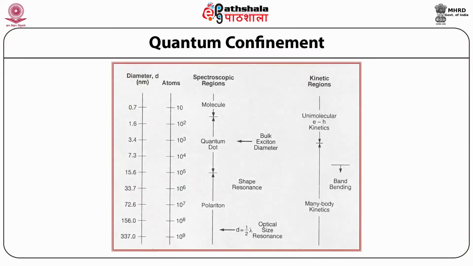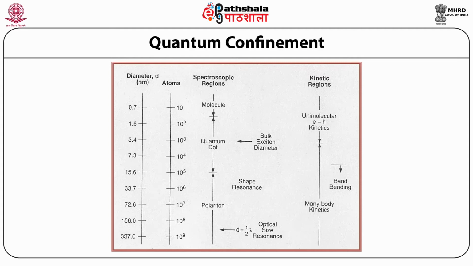So now we can summarize the quantum confinement as shown in this figure. That is, if we are increasing the diameter, that is in the nanometer range, the number of atoms are increasing from 10 to 10 to the power 9, and the spectroscopic regions go from molecule and then to quantum dot and then to a polariton. Corresponding to the quantum dot, we have bulk exciton diameter.